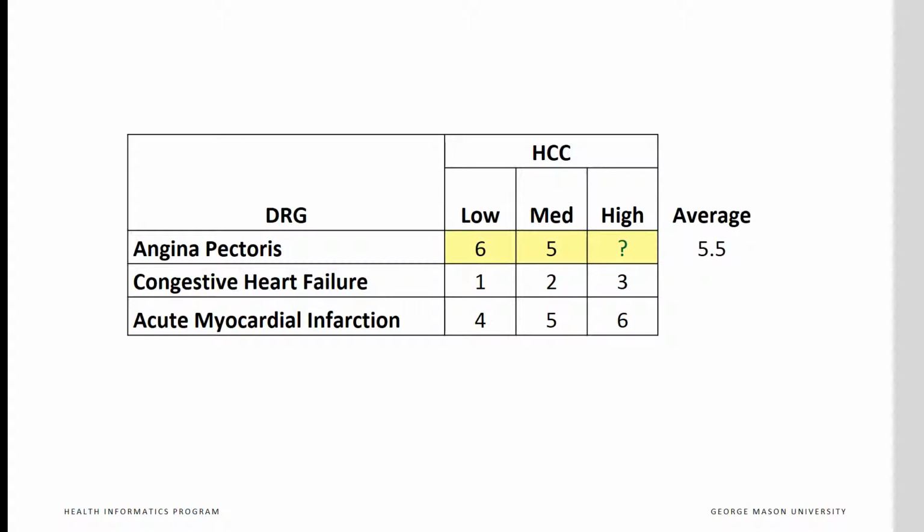The marginal outcome for angina pectoris is 5.5 days, the average of the values in the row. And the marginal outcome for the high HCC category is 4.5 days, the average of the vertical column. Under assumption of independence, the joint outcome for a person with both angina pectoris and high HCC is calculated as the product of the marginal values divided by the average outcome for the entire set of data.